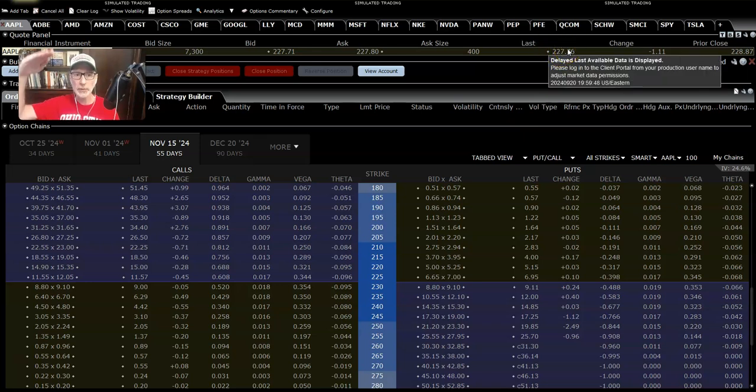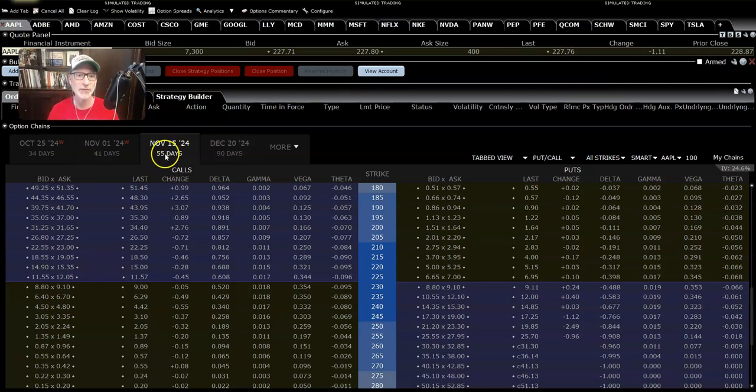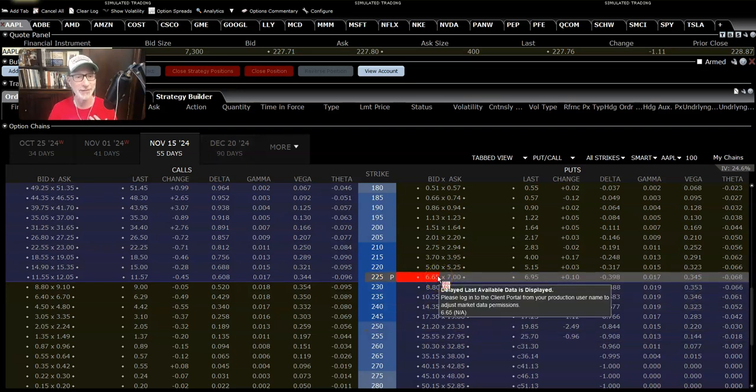So Apple could have a really good chance of falling from 228 down to 225. That's a much higher probability because Apple could move roughly $3 in the next 55 days. So there's a higher probability that Apple can fall that far. Yes, you're getting compensated a lot more, $680 versus the $27 that I got.